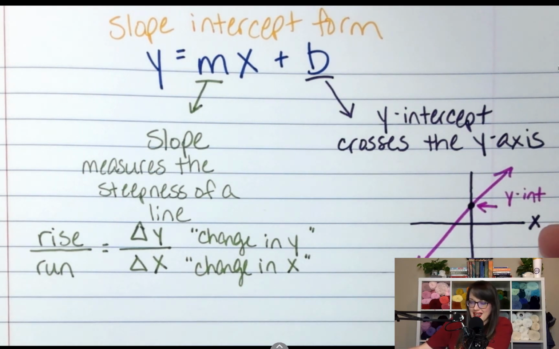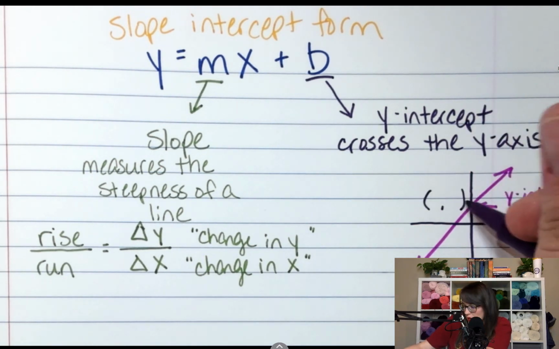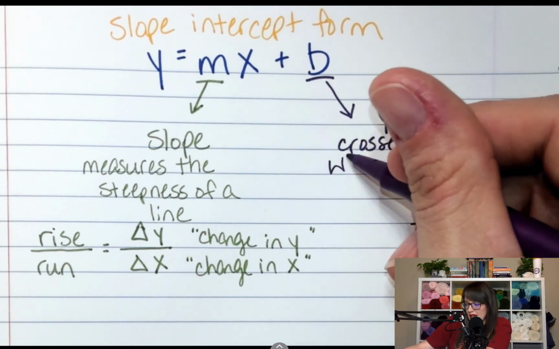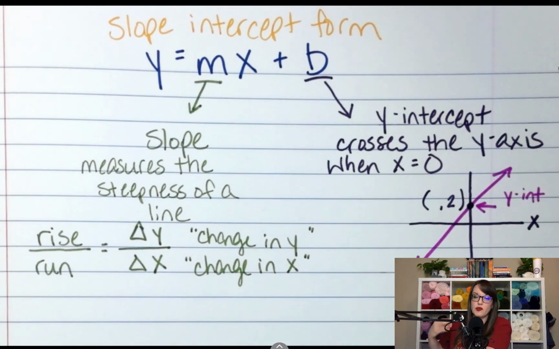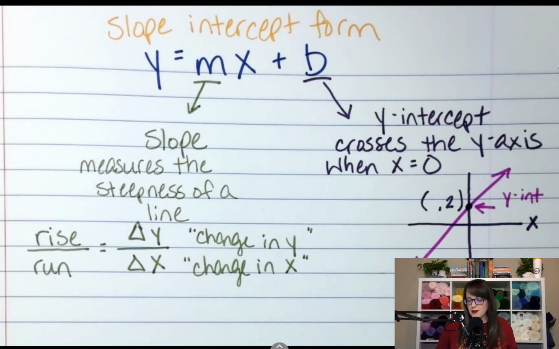Now, what is the x value for this coordinate? If we wrote this as a coordinate x comma y, let's say y is 2. What is x? X is 0. So we can also say that the y-intercept is when x equals 0. If you know when x is 0, however much y is, that is your intercept.